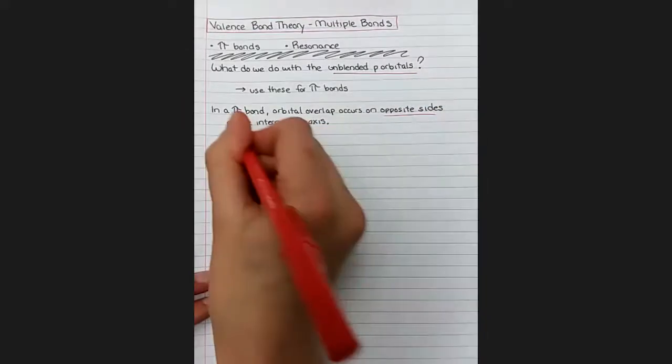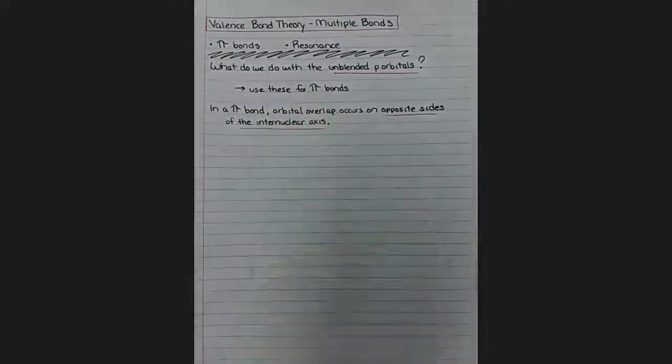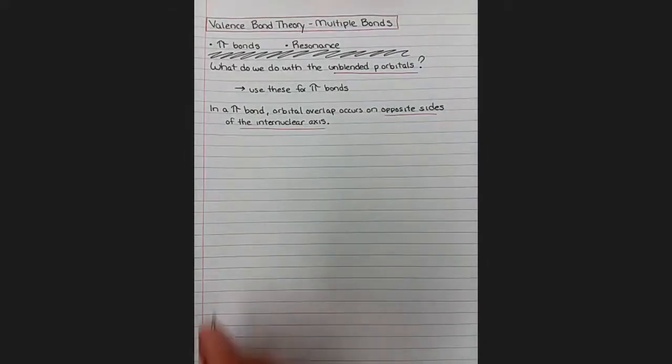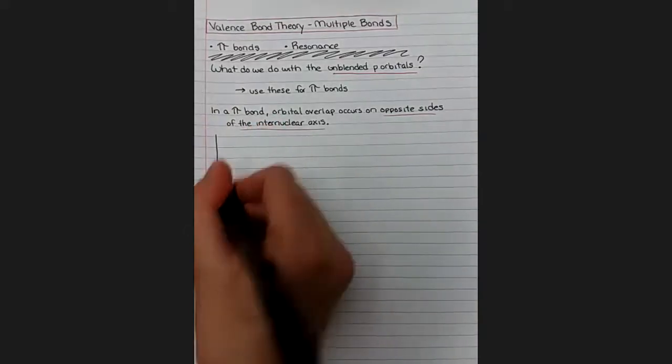So above and below the axis in one dimension or another, whereas the sigma bond, the overlap occurred on the internuclear axis.